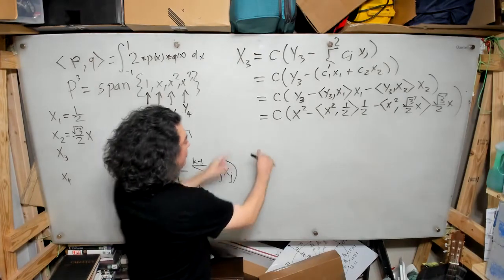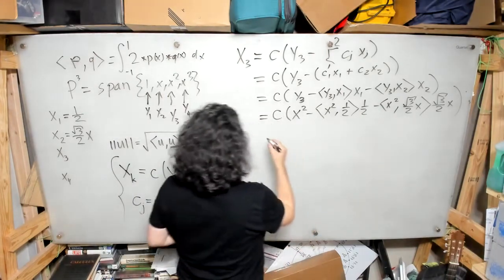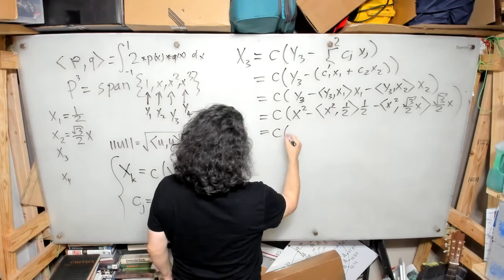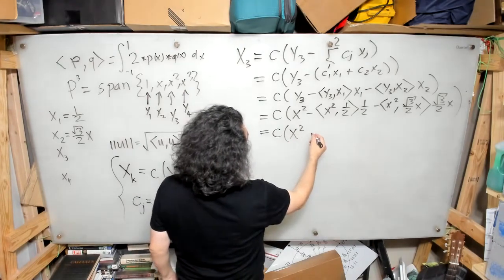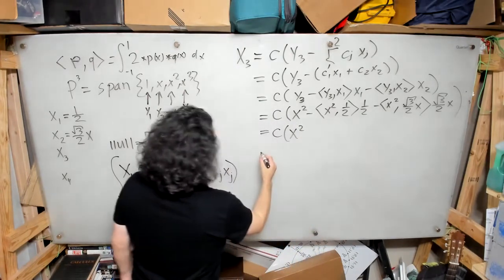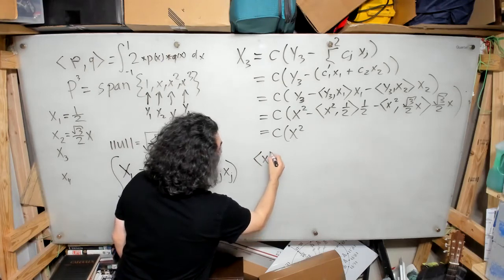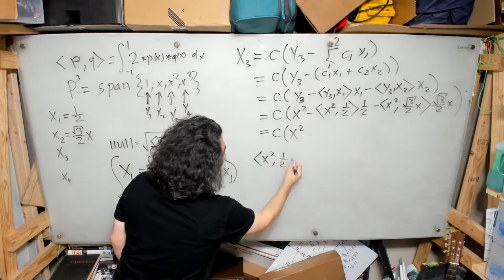So I'm going to leave a space here for this row, which is going to happen right now. So c x squared, and then, okay. First of all, what is the inner product of x squared with 1/2 in this vector space?